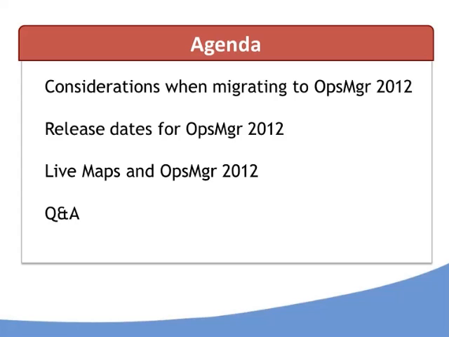If you're interested in what the functionality looks like and how that works, definitely go back to our last webinar, because the guys did a great demonstration of the look and feel of what this is going to look like within Ops 2012 and live maps. What we're focusing on today is some frequently asked questions that I would expect people would want to know related to Ops 2012 and Civision live maps in particular. And then my goal is to leave enough time at the end for Q&A, so you can ask any questions you'd want to know related to this material.